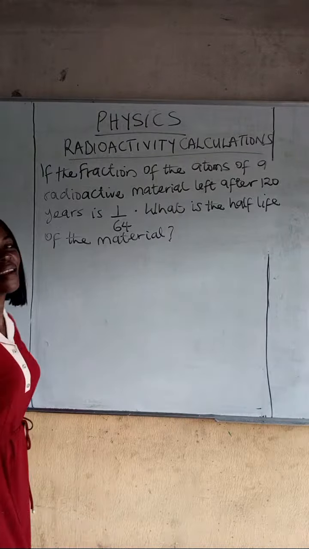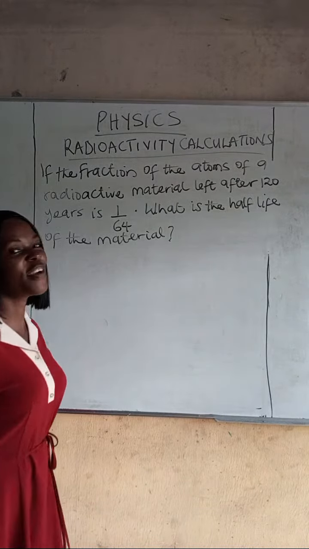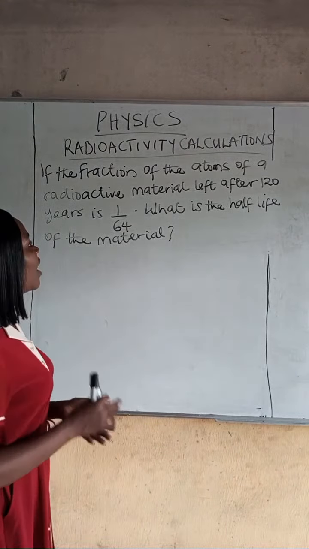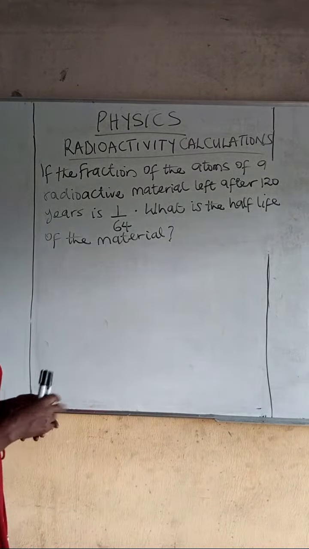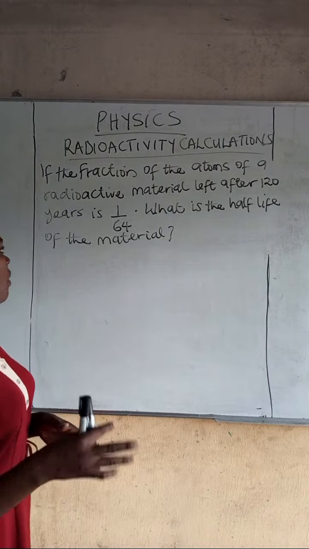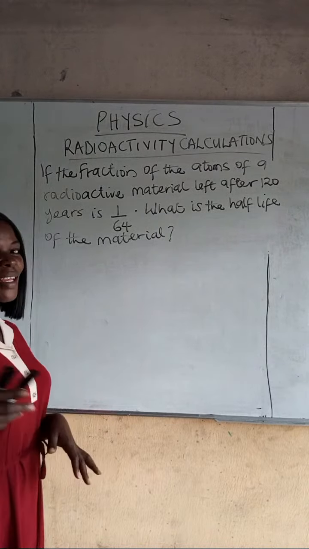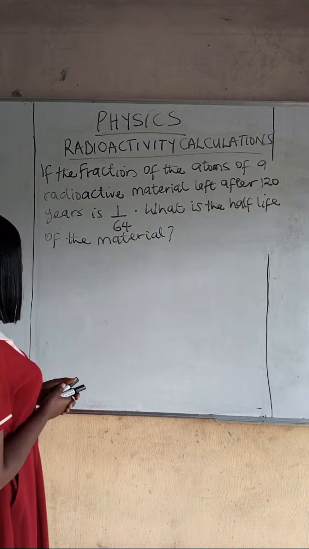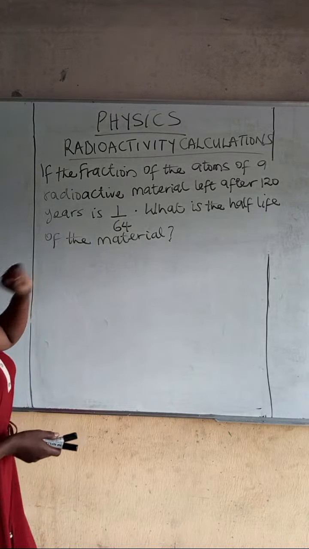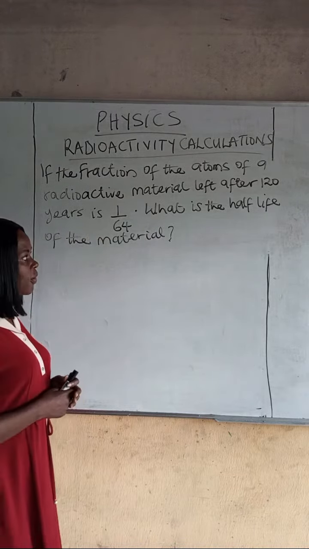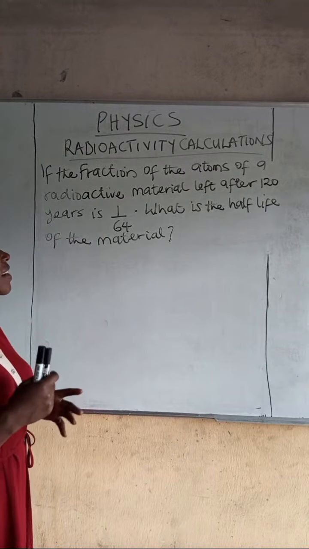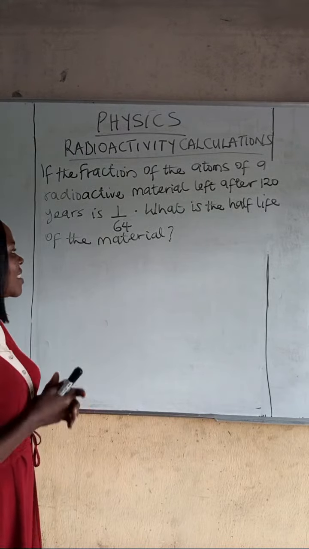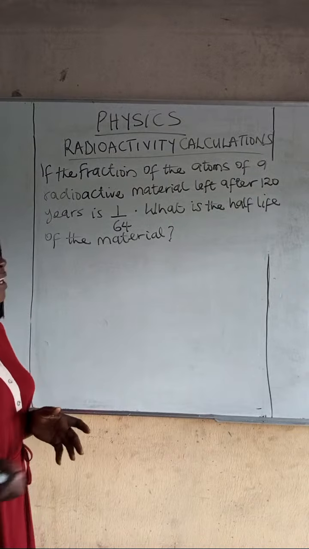Okay, let's go. If the fraction of the atoms of a radioactive material left after 120 years is 1/64, what is the half-life of the material? Let me go again.